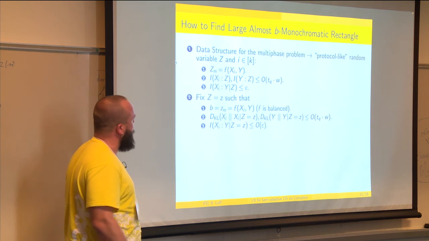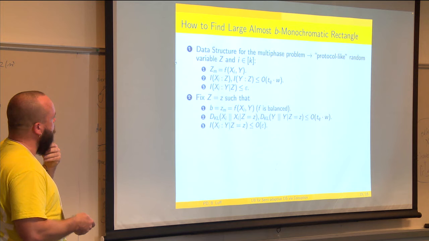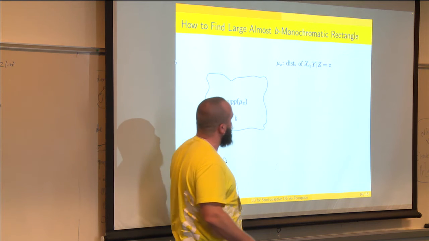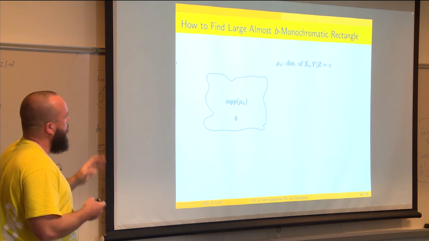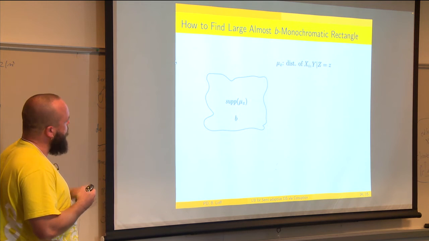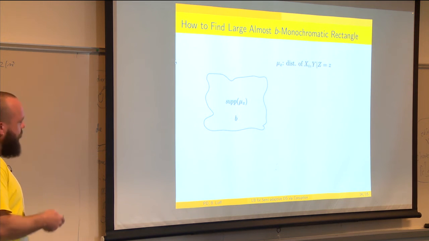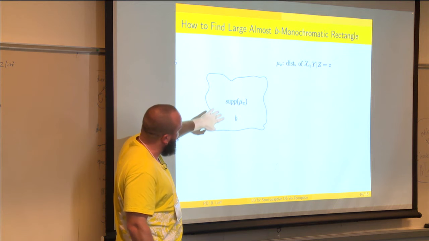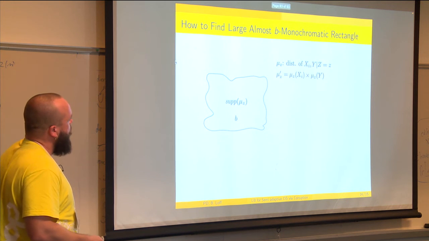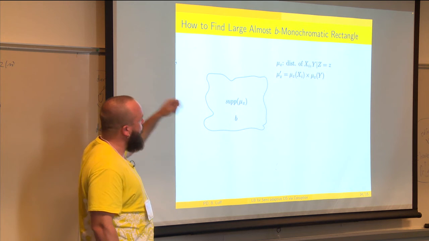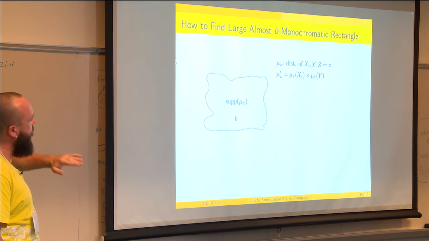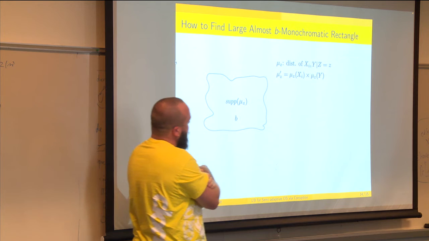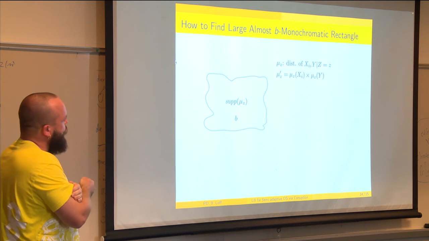Okay, so we just fix our z, and then we have this distribution of xi and y conditioned on this fixed z, and we look at the support of this distribution, and we know that the value of the function on the support is b. Then we look at mu prime z, which is the product of the marginals. So we look at the marginal distributions of xi and y under this distribution.